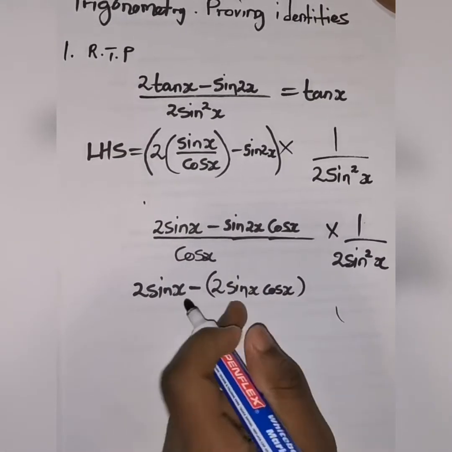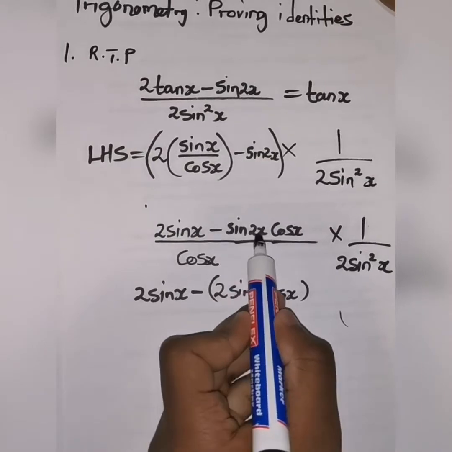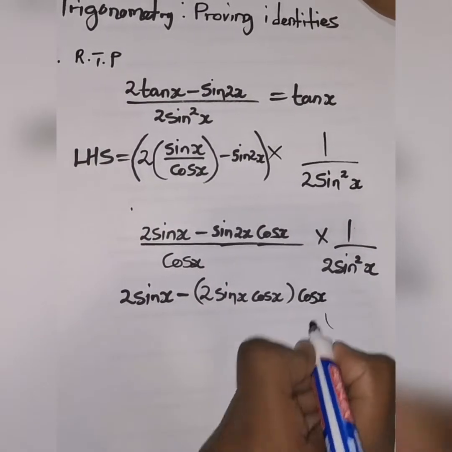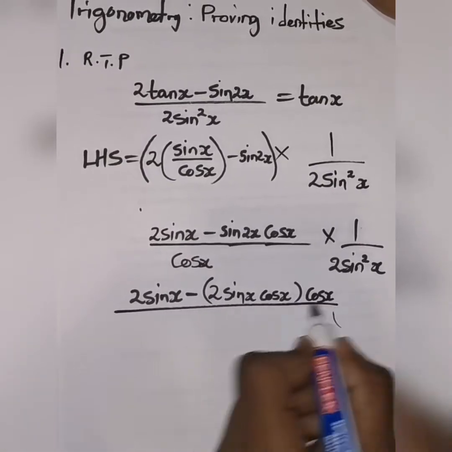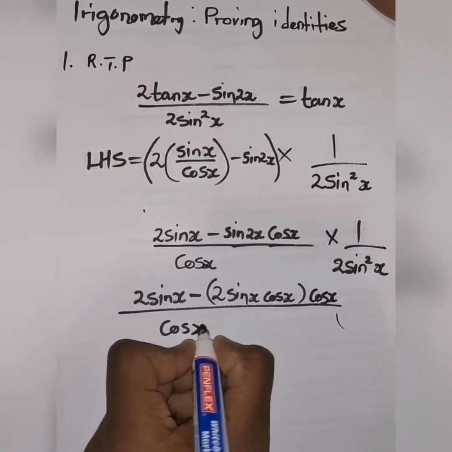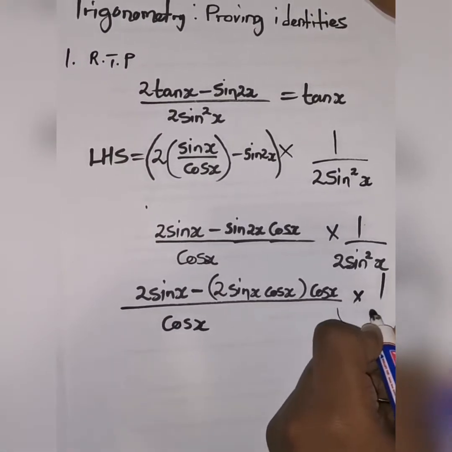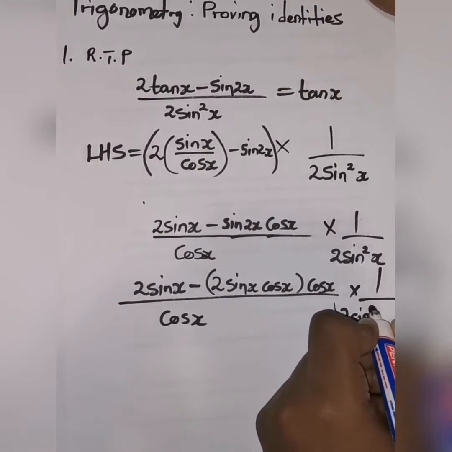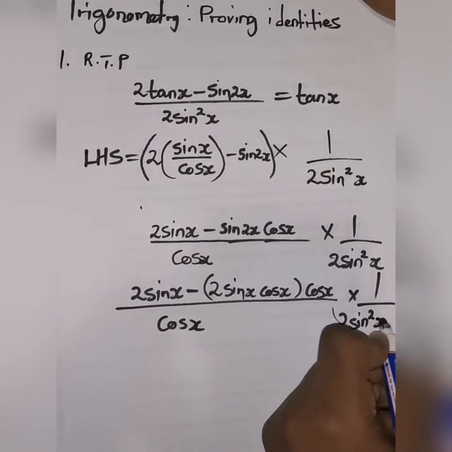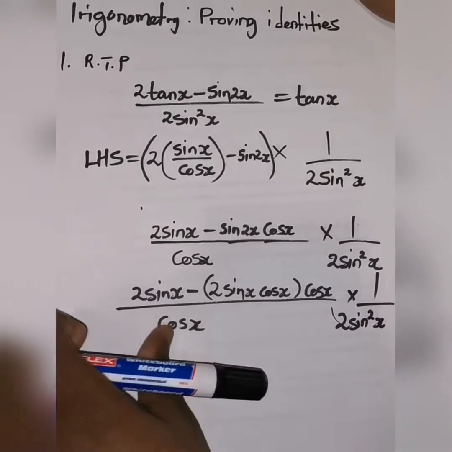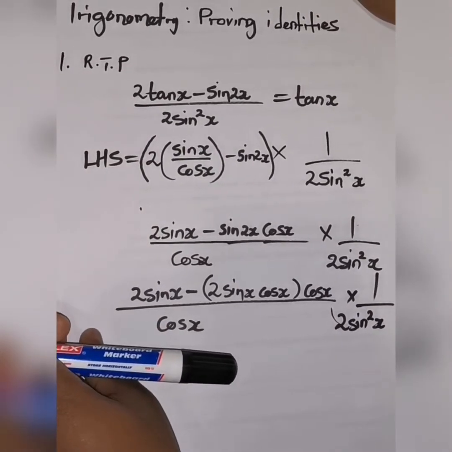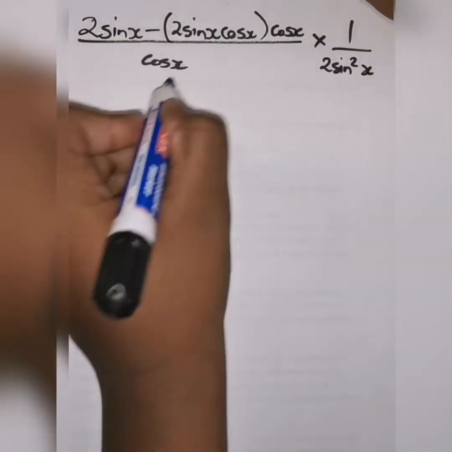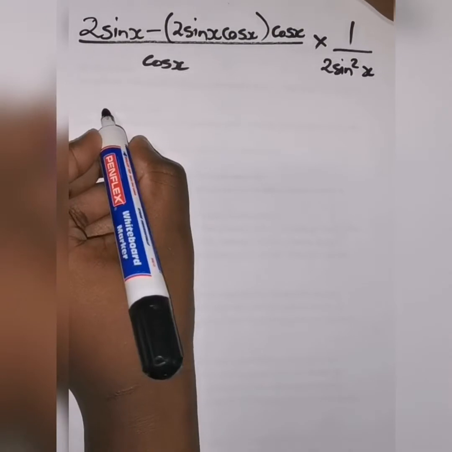This is an identity of sine 2x, multiplied by 1 over 2 sine x squared. I'm running out of space. Let me switch the page. This is the term we had on the previous page.